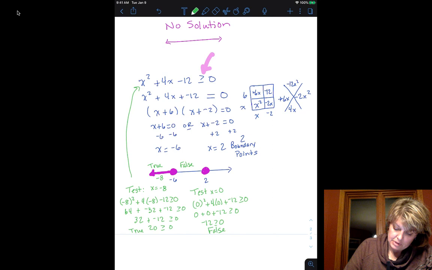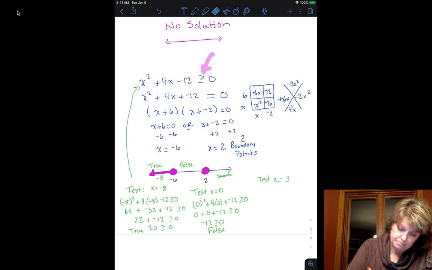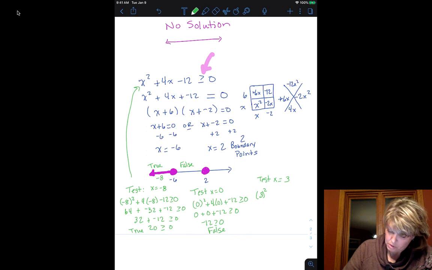Last but not least, I have to test a point over here. So I'm going to test a value of x is equal to, let's choose 3. So is 3 squared plus 4 times 3 plus a negative 12 greater than or equal to 0? Well, 9 plus 12 plus negative 12 greater than or equal to 0. Is 9 greater than or equal to 0?